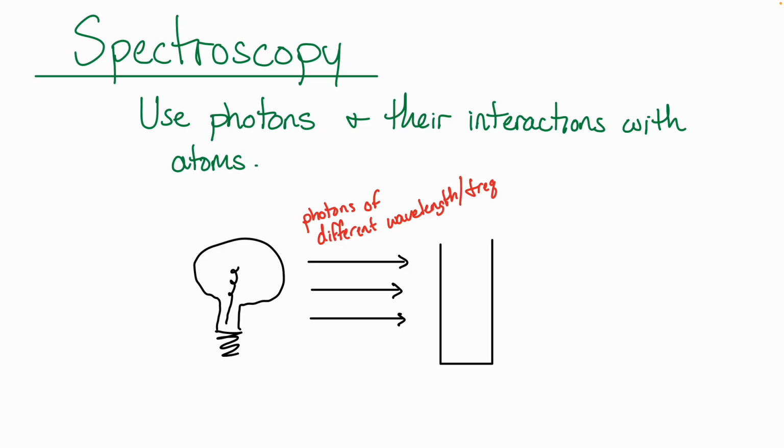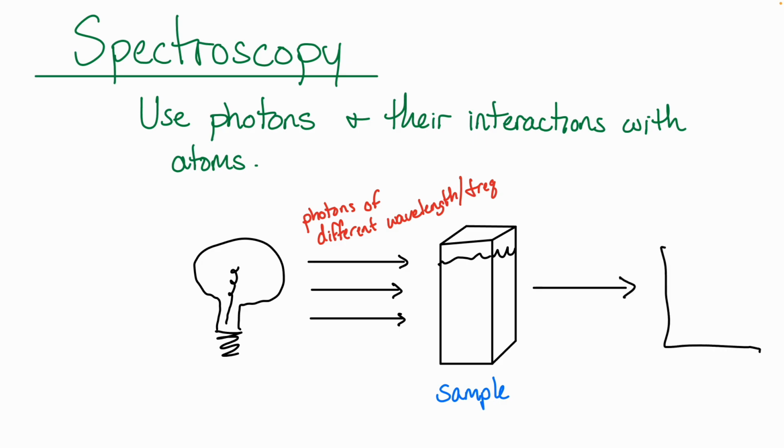You send those photons through your sample. So here I have a sample container. And what happens is some of those photons get absorbed and others just pass right through. They don't interact with your sample at all. And then you just measure what comes out the other side using a detector.